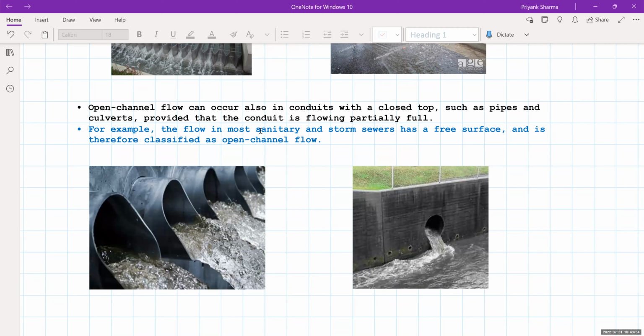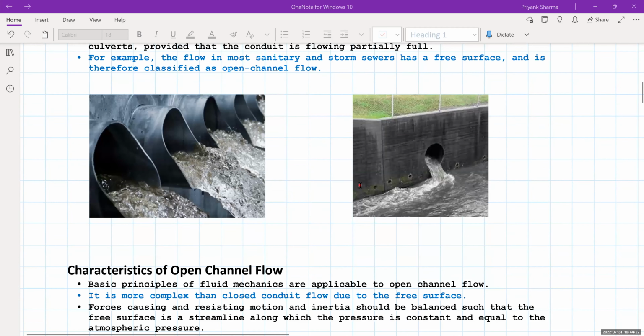In these pipes also, the open channel flow can occur, provided they flow partially full. They should not be completely full. If they are completely full, it will be a pressurized flow. Examples are sanitary sewers and storm sewers, which have a free surface. So you can classify them as open channel flows only.